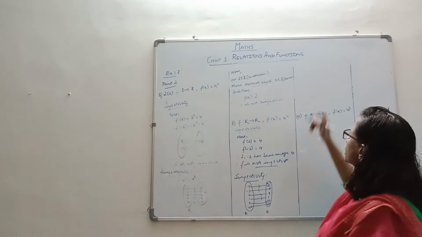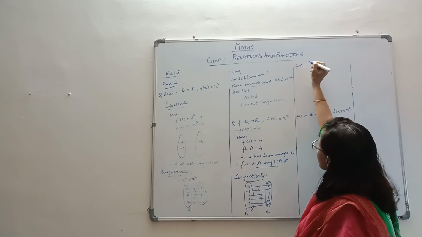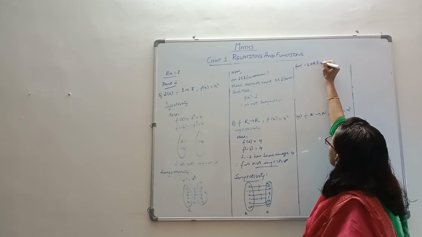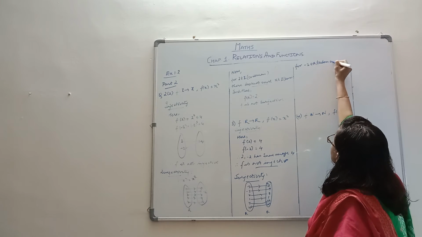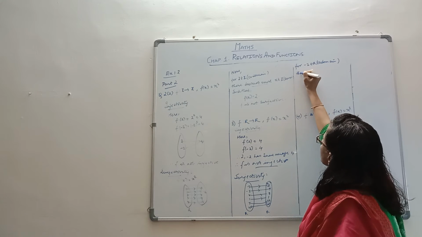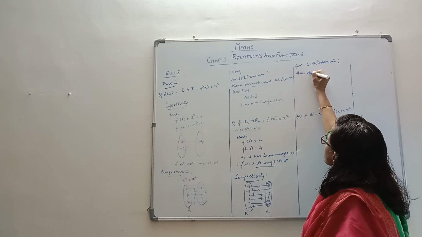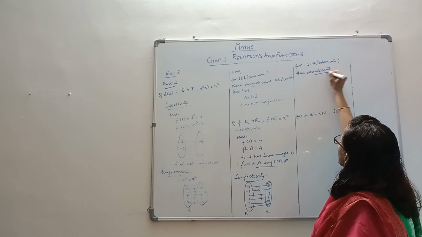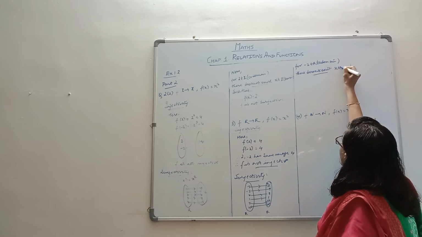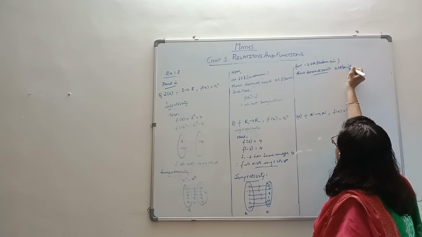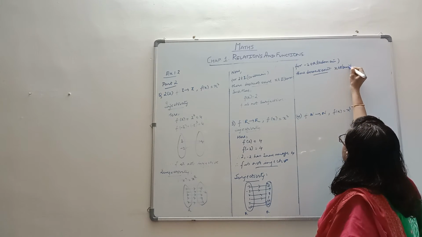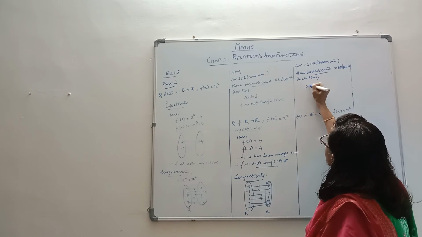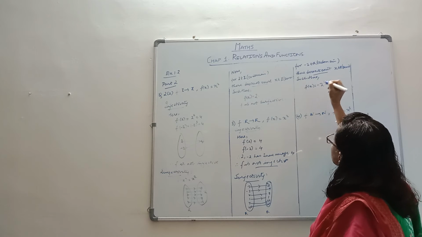So that is where we are going to write: for minus 2 belonging to R codomain, there does not exist x belonging to R domain such that f of x is minus 2.